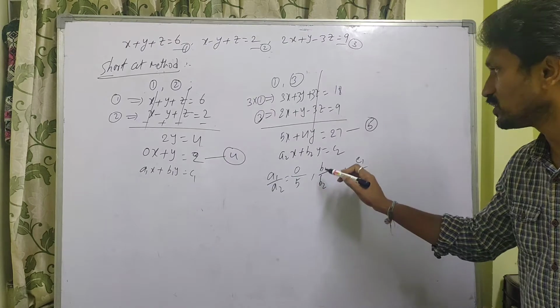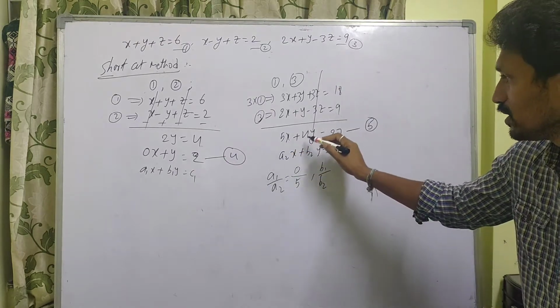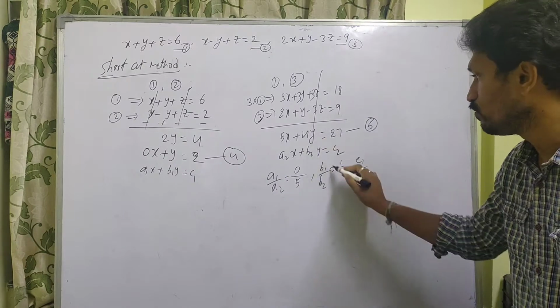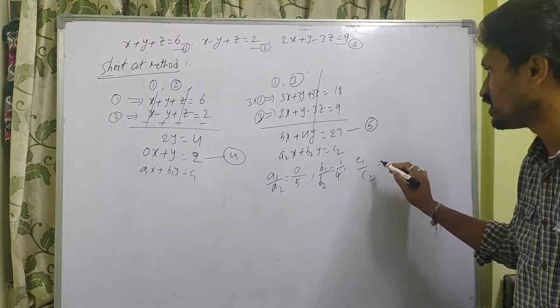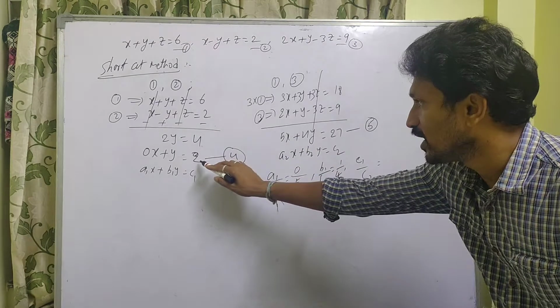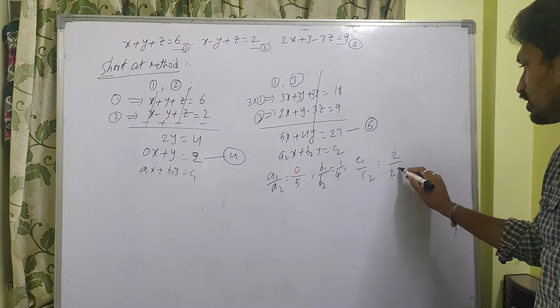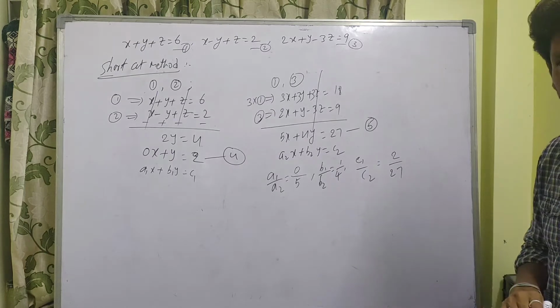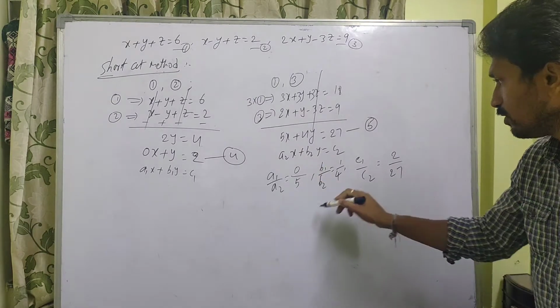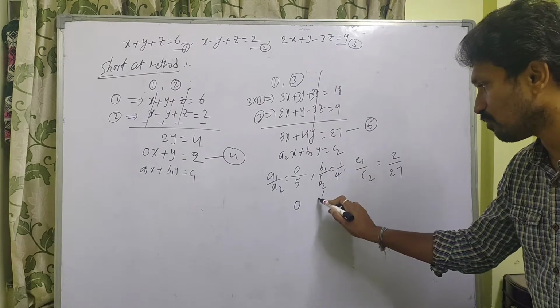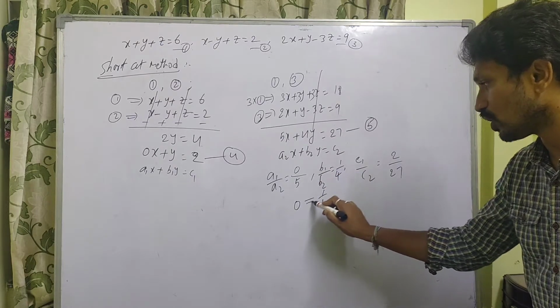B1 by B2: B1 is here 1, so 1 by 4. What is C1 by C2? C1 is here 2 and C2 is here 27, so 2 by 27. See here, directly you can say 0 by 5 is 0, and 1 by 4 is 1 by 4 only. So 0 is not equal to 1 by 4.